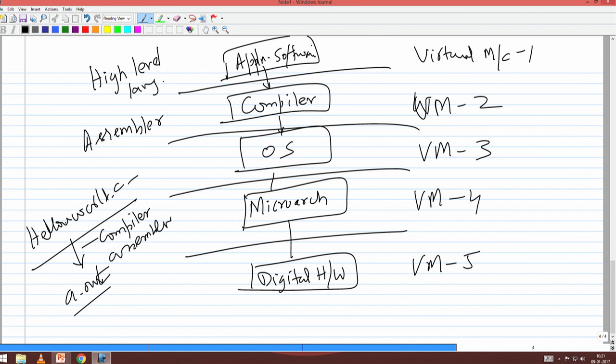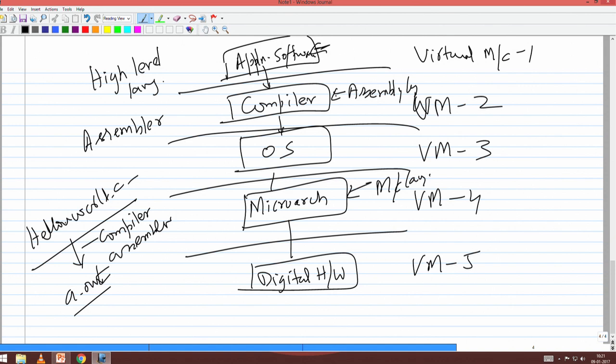So, from the application software here, there is a compiler which actually converts it into an assembly language, and there is an assembler which will convert it into zeros and ones. So, this is the machine language, right. So, there are two translations that happen.